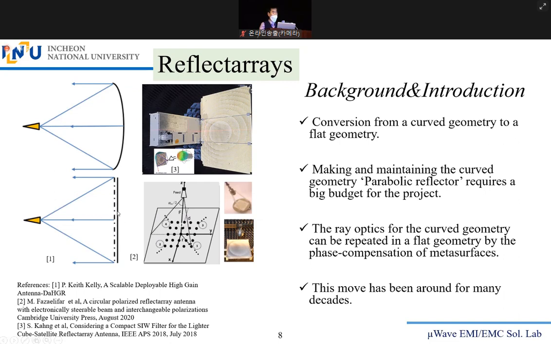It just relies on the reflection from another source, like a horn antenna or other smart primary source we have developed. So "reflectarray" is a coined word consisting of reflector and array. Hopefully from now on, you can be familiar with this term.